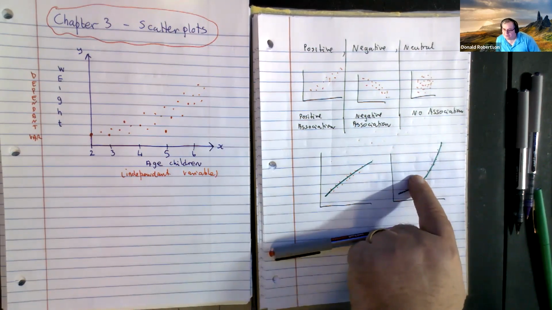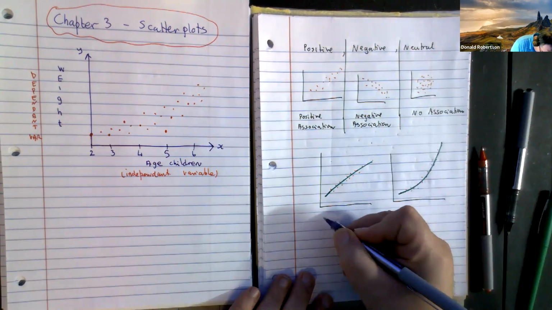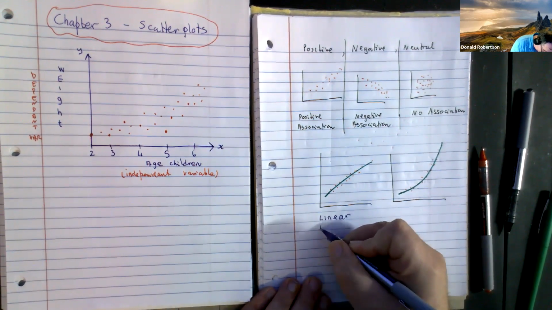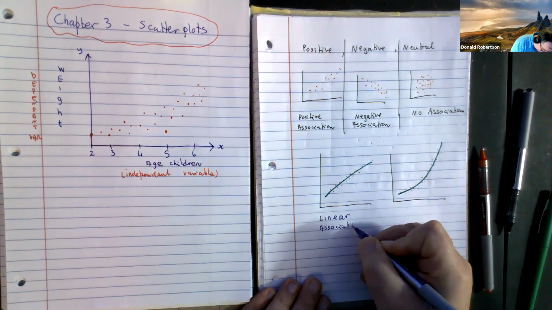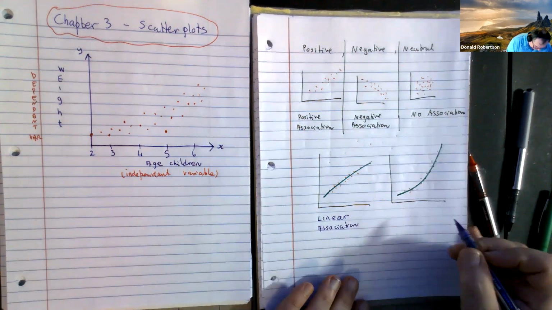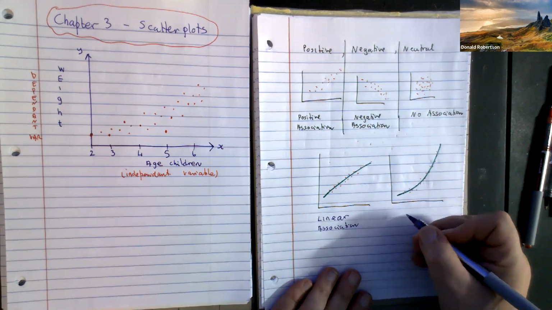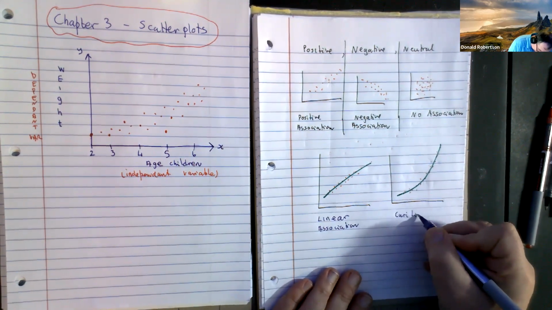These are both positive associations, but they have different names. This is a linear association. And this one, and I hate this name, but it's the one that WebAssign uses, curvilinear.